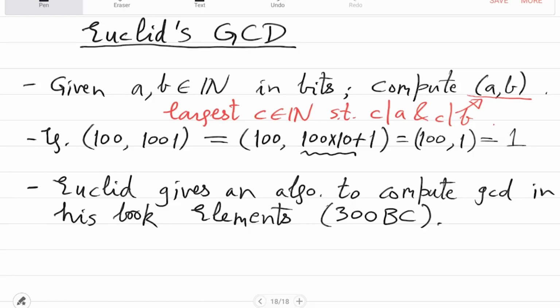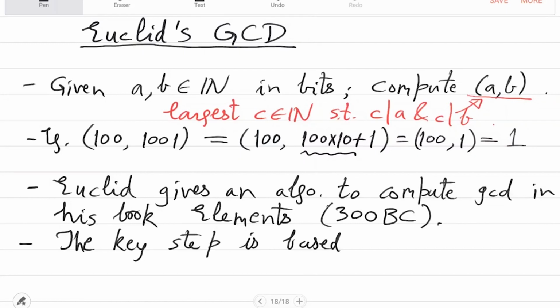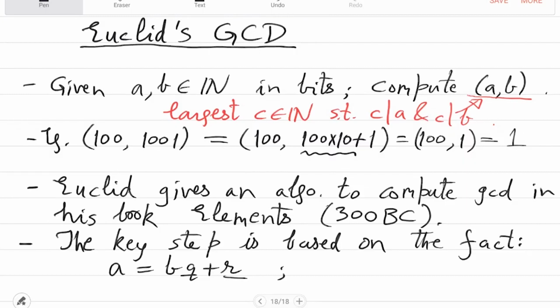So let me just say that the key step is that if you have divided A by B to get Q and R, well, usually you assume that the remainder is between 0 and B minus 1.